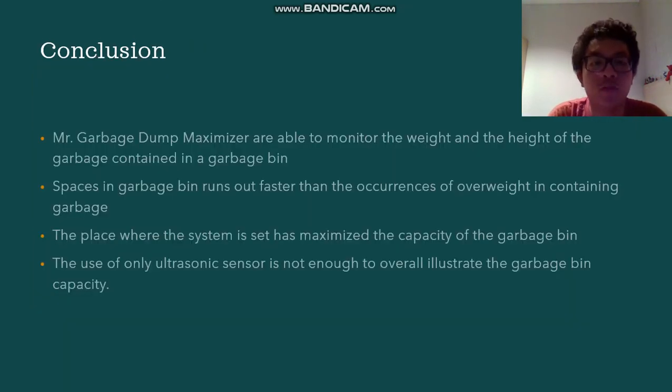The place where the system is set, in my case my home, has maximized the capacity of the garbage bin, and the use of only an ultrasonic sensor is not enough to illustrate the overall garbage bin capacity.